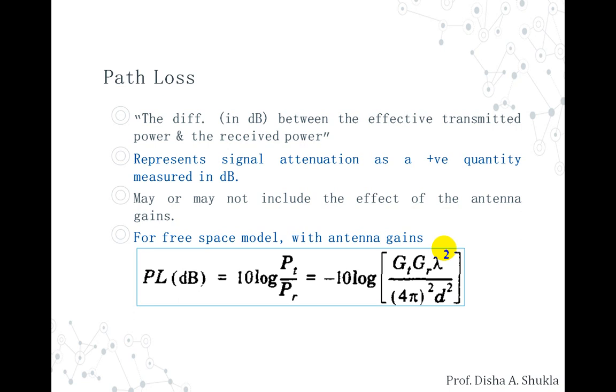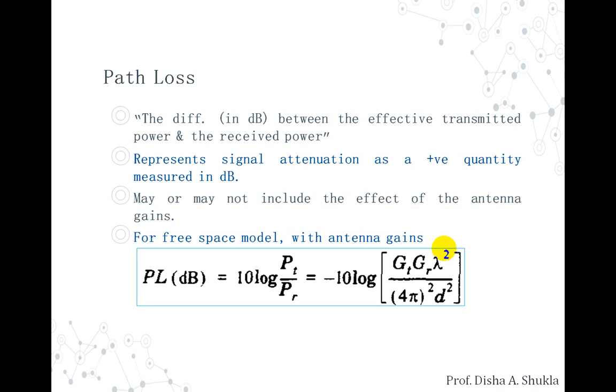Obviously, the power with which the signal is emitted may not be the same at the receiver because of the real-time scenario. In an ideal situation, we believe the power is the same, but in the practical scenario that is not the case. There is some difference between the effective transmitted power and the received power. That difference is called the path loss.